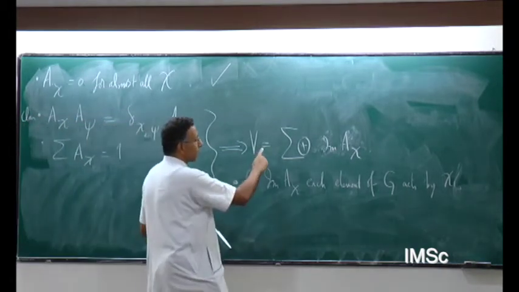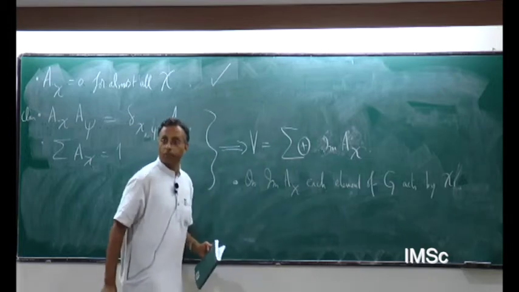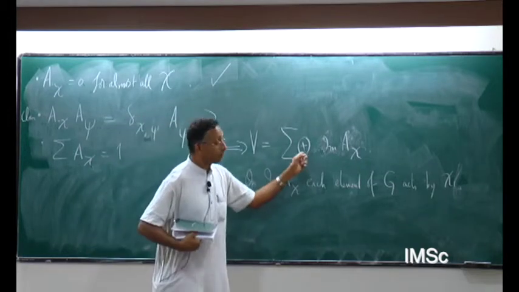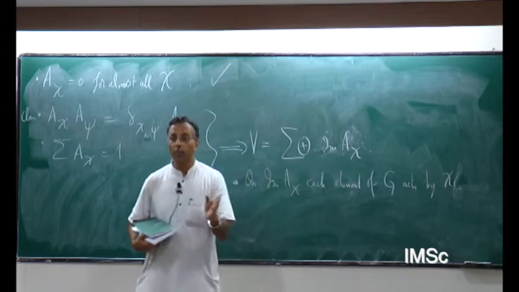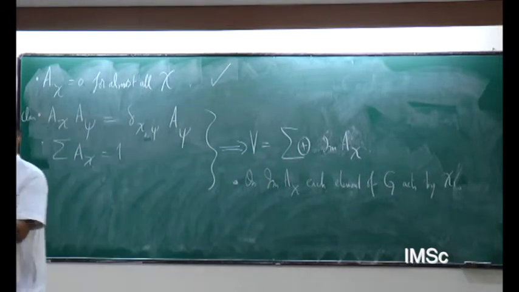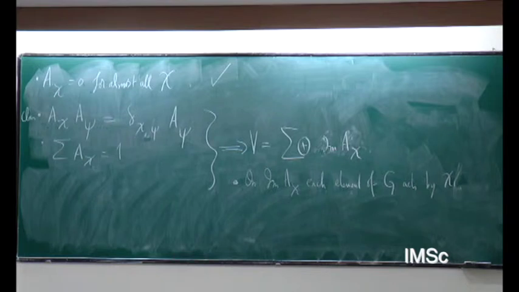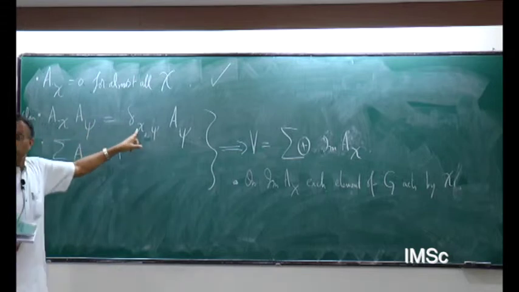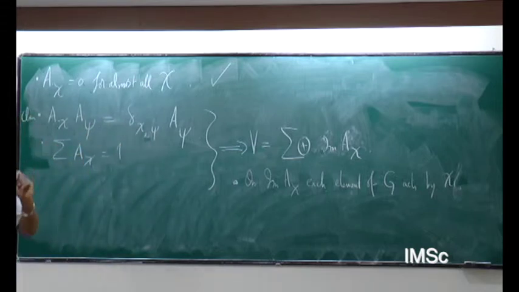So it proves that V is contained in this sum. Now, why is this a direct sum? Suppose something belongs to the image of A_chi and it belongs to the image of A_psi. Multiply by A_chi on both sides. This side, you will get back A_chi V, but on the other side you will get 0.